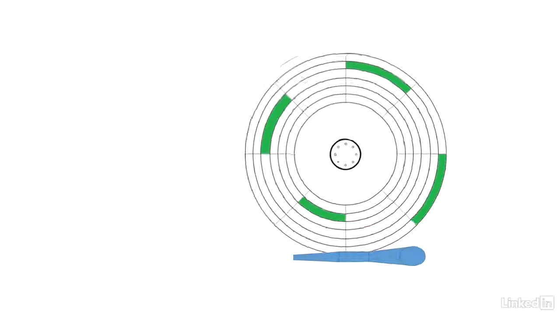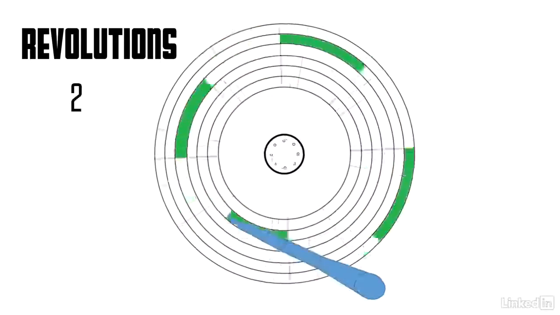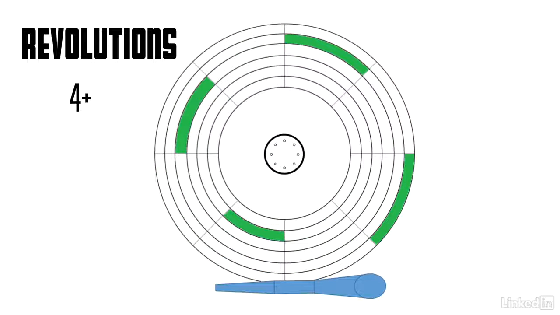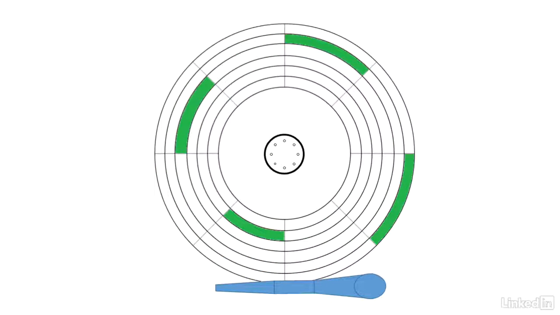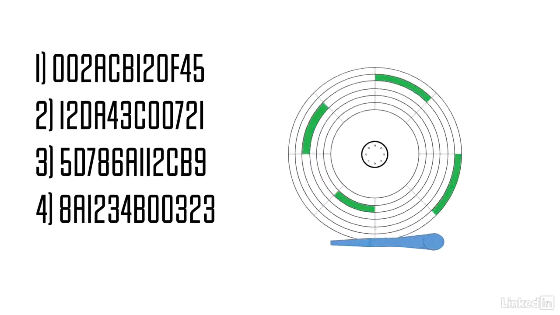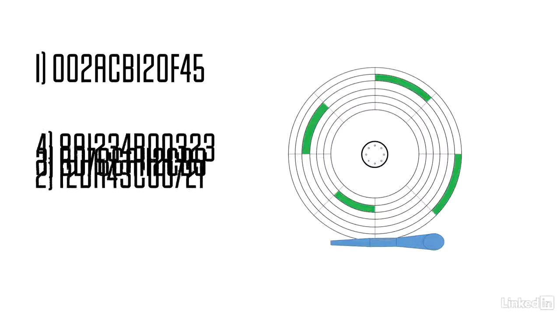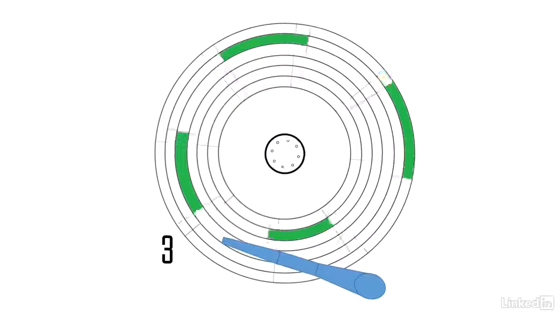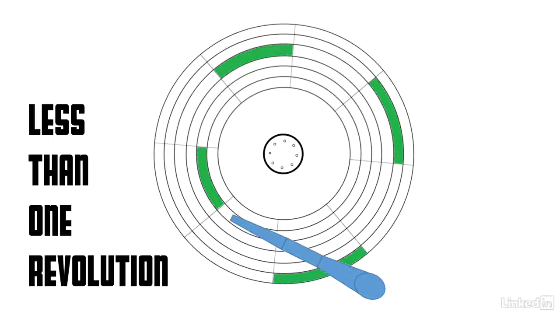But in order to get these 4 sectors, we're going to have to completely rotate the hard drive a number of times to get them. Native command queuing allows the hard drive to rearrange the order so that it can minimize the number of rotations necessary to get the data. So in this case, we'll go 1, 2, 3, 4, greatly reducing the number of rotations necessary to grab the data.